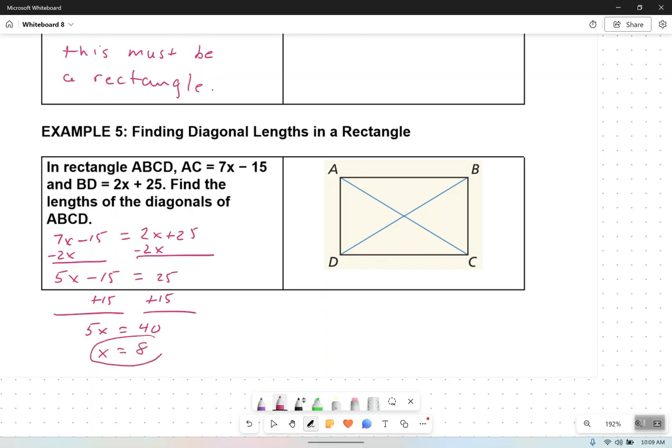Now, guys, am I done with the problem here? It says find the length of the what? Okay, so let's just do A to C. A to C is defined as 7x minus 15, isn't it, kids? Now you know x is what value? So what could I plug in for x now?